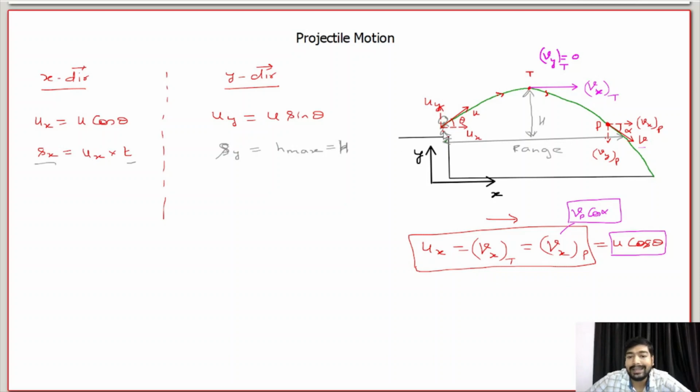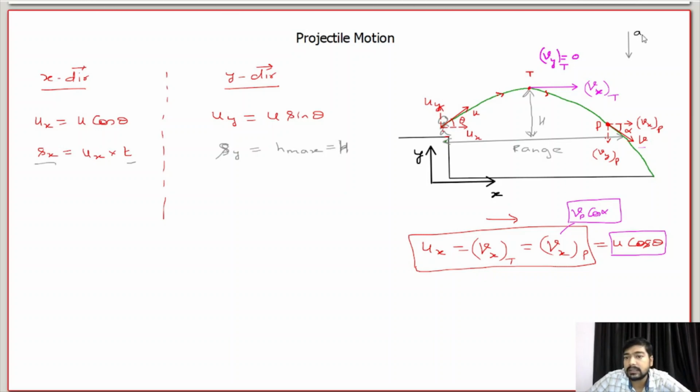We know the initial velocity in y direction, and at this topmost point, where we take the maximum height, the velocity in y direction is 0. With this information we can also calculate the time, because we know the acceleration is acting downward, right? And how much?